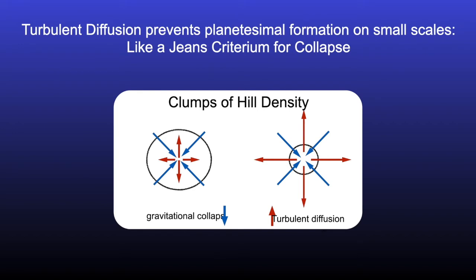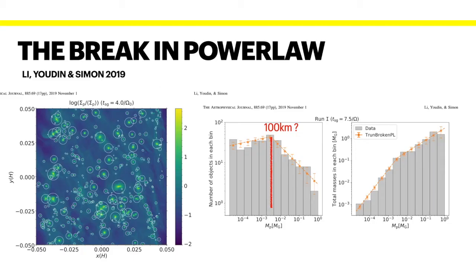So two things: the bigger object has stronger gravity, and the smaller object has stronger gradients and therefore stronger diffusion. So it's a double effect, which is preventing small pebble clouds from collapsing. This should help us to understand what kind of sizes are possible.